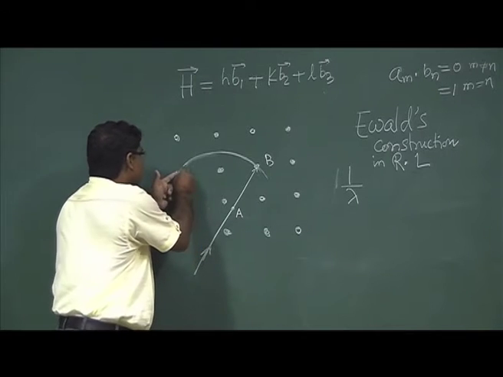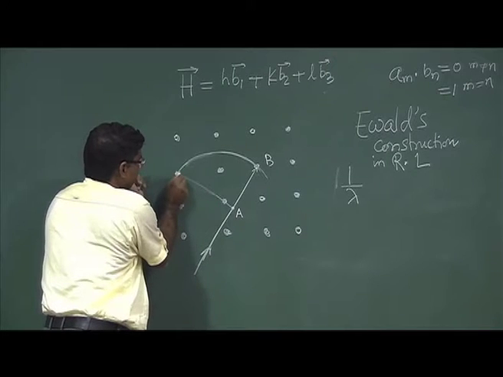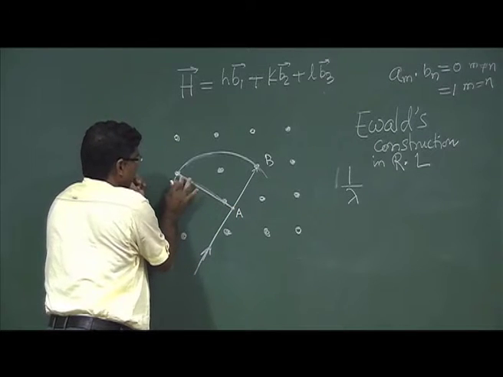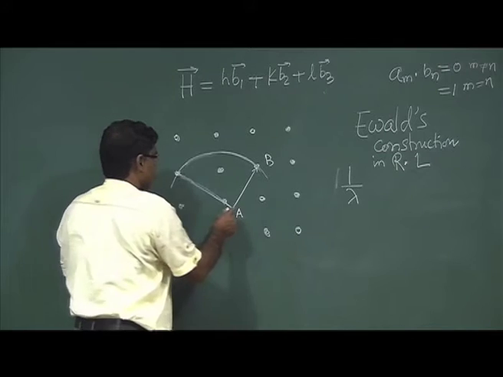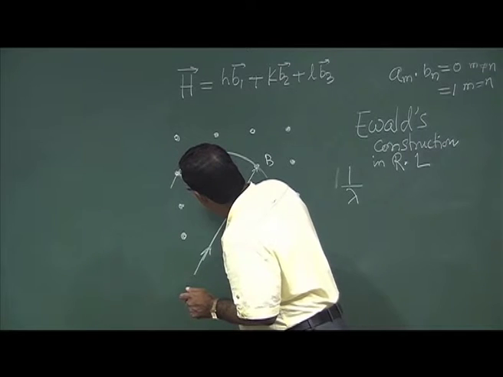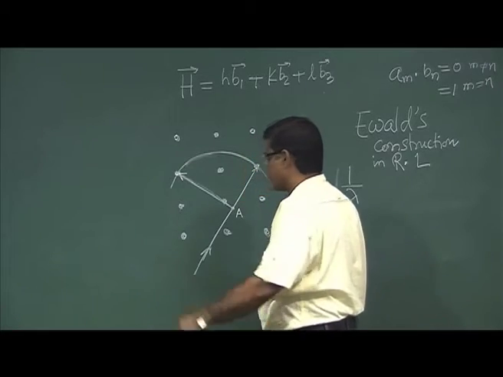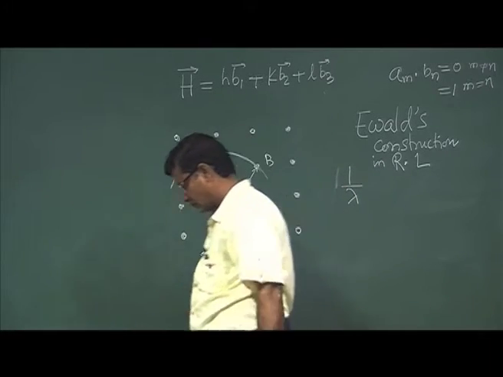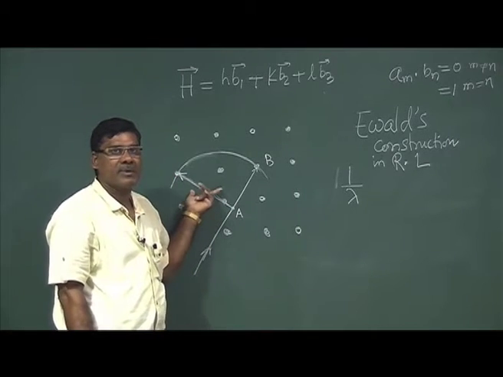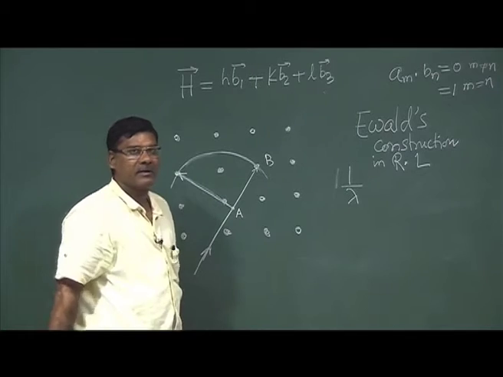Now if we add these two, from the center, if you draw a line adding these two, it is telling that this will be the direction of the reflection of the X-ray.